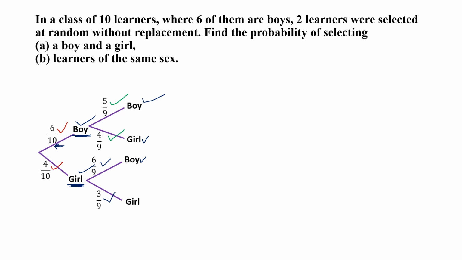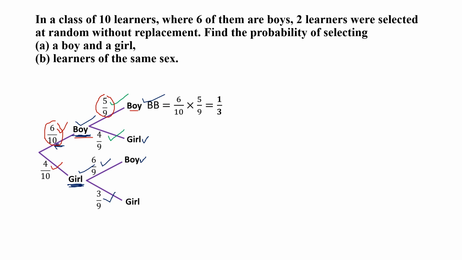Right, now the probability of a boy followed by a boy, we can write that as BB, a boy followed by a boy, right? And we find that probability by multiplying 6/10 by 5/9, like this. And this reduces to 1/3.